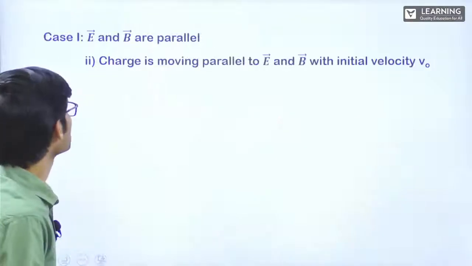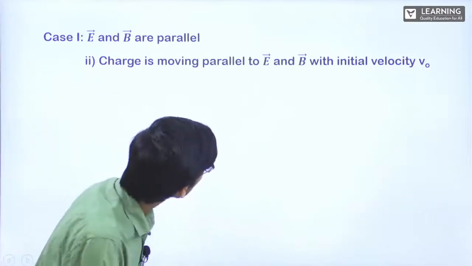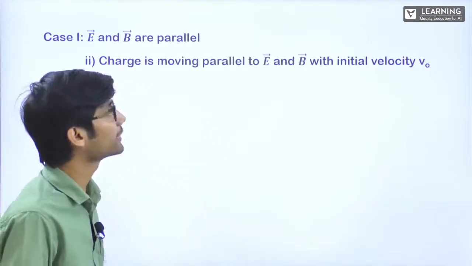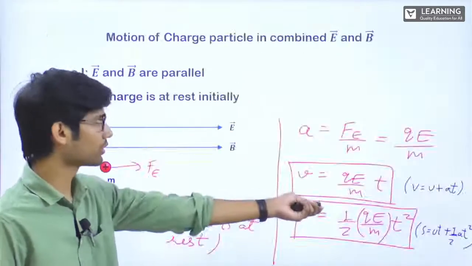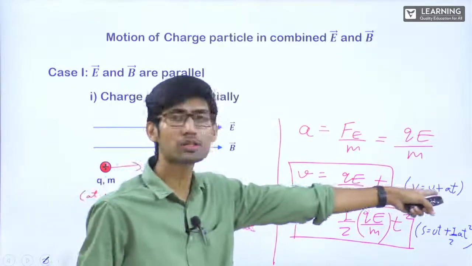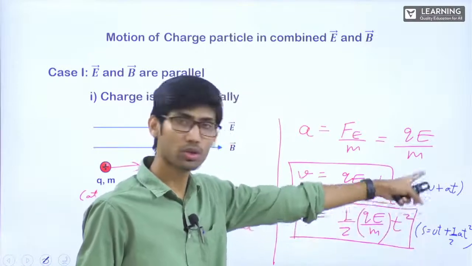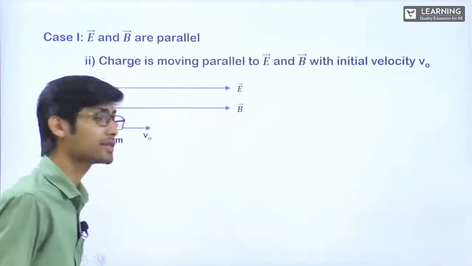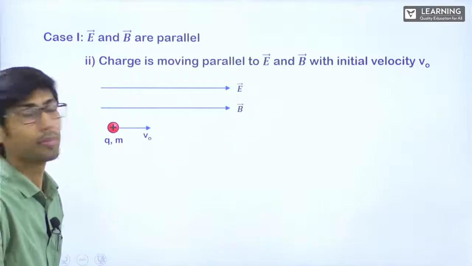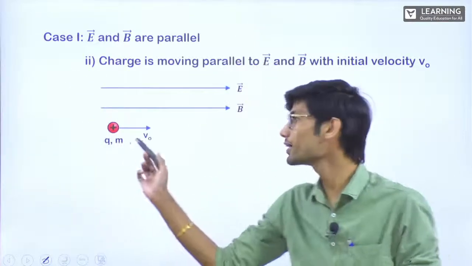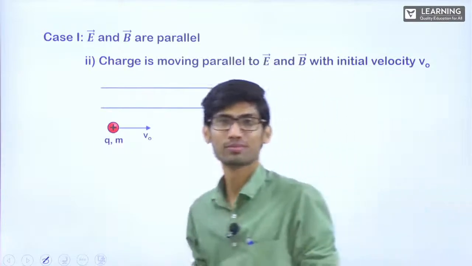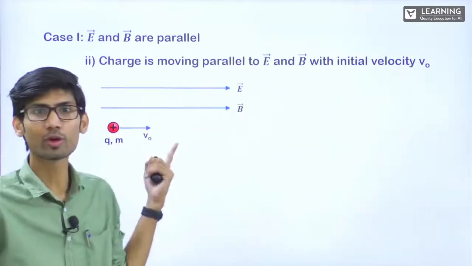Next, the charge is moving parallel to the electric field and magnetic field with initial velocity v0. Same thing as what we got here. It's just that here u was 0, here u will be v0. Rest everything is going to be the same. Why? Because we also know that when the charge is moving parallel to the magnetic field, the magnetic force is 0. qvB sin theta, the first case we saw today, right?